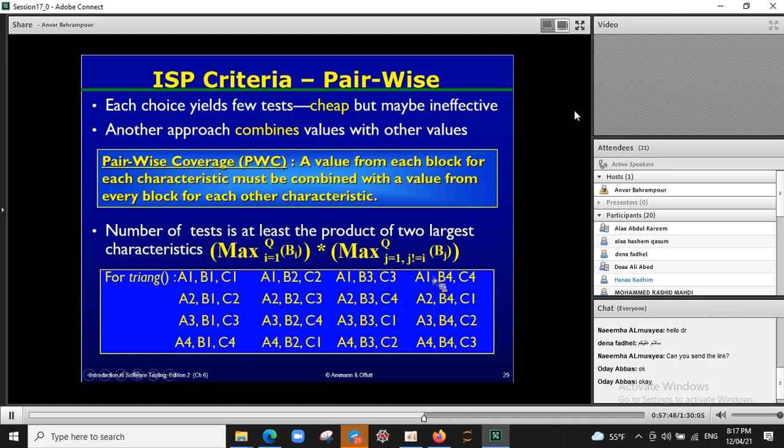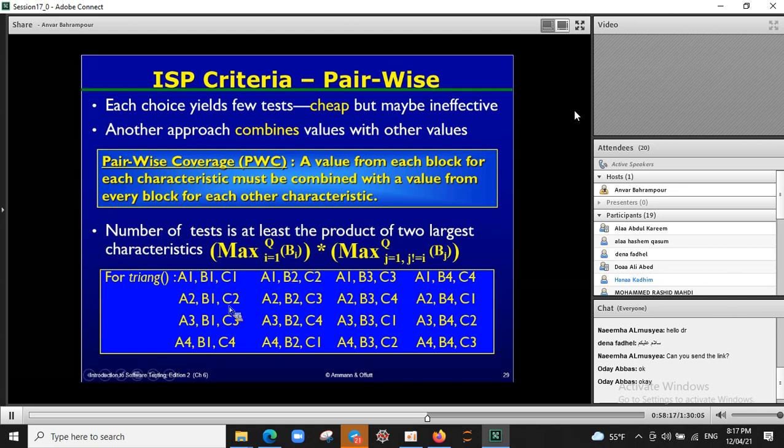This is done the same for the combination of A1 with B3 and C3, and A1 with B4 and C4. We do this again for other blocks for the side A.